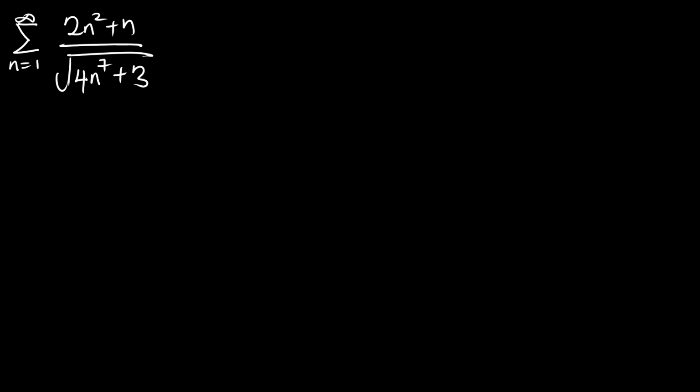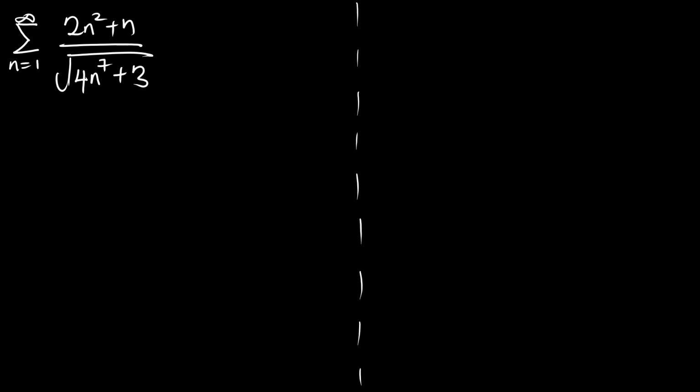Now, let's use the limit comparison test to test whether this series n is equal to 1 to infinity, this one is going to diverge or it is going to converge. Very simple.